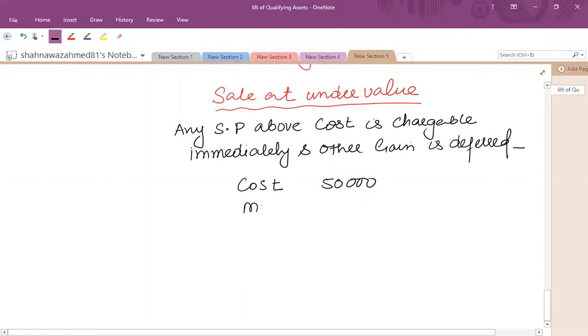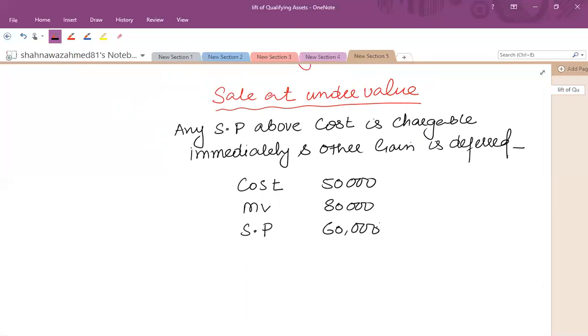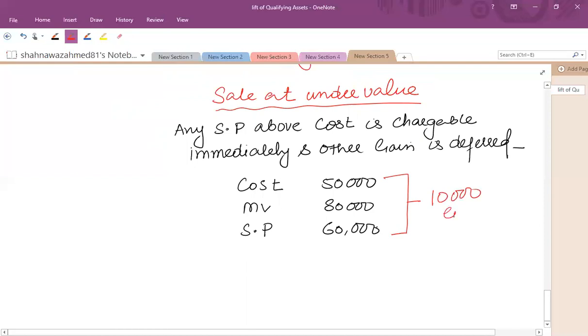At the time of sale, its market value was 80,000, and sale was at undervalue, that is 60,000. Now, the market value is 80,000, but it is sold less than market value and above cost. So the difference between the cost and selling price, this is 10,000 gain. This is chargeable immediately.